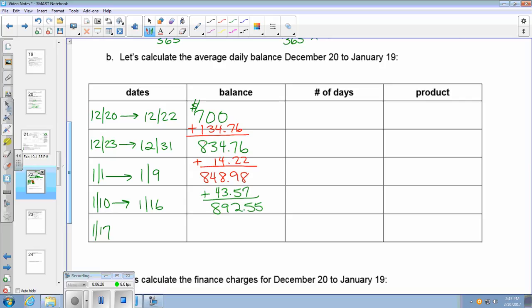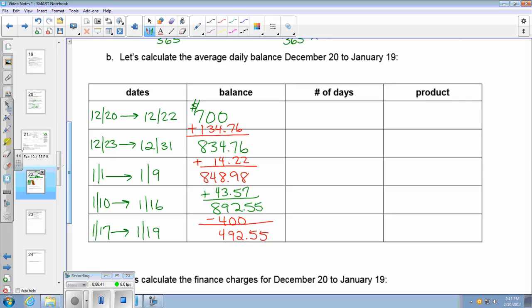So on the 17th, we make a payment of $400. So our balance is going to go down to $492.55. And that's going to stay on our account as our balance through the end of the billing period, which is the 19th.